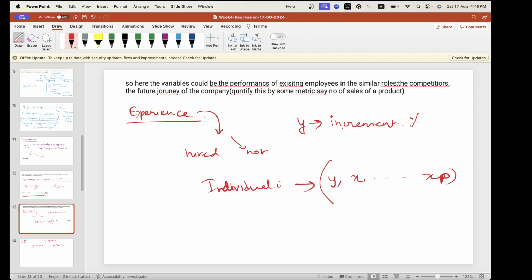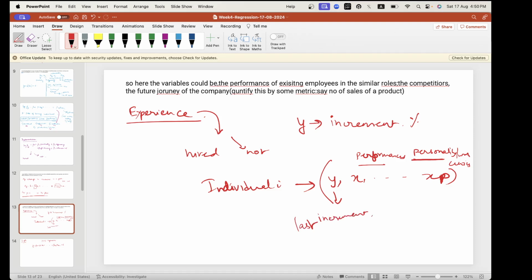Here they could have their performances, here they could have their personality and work ethics, some score addressing these things, and this y could be their last increment in the previous company.